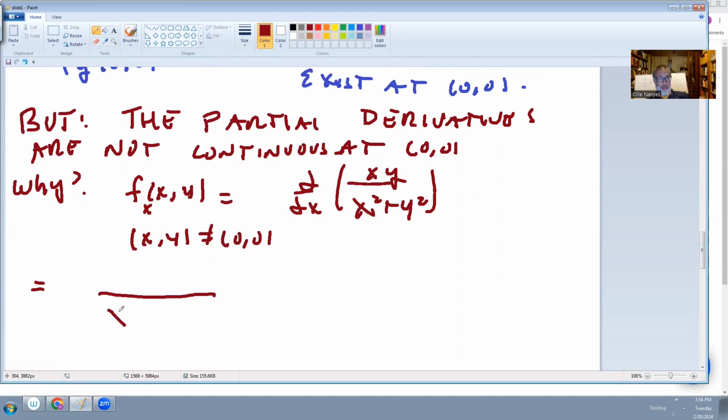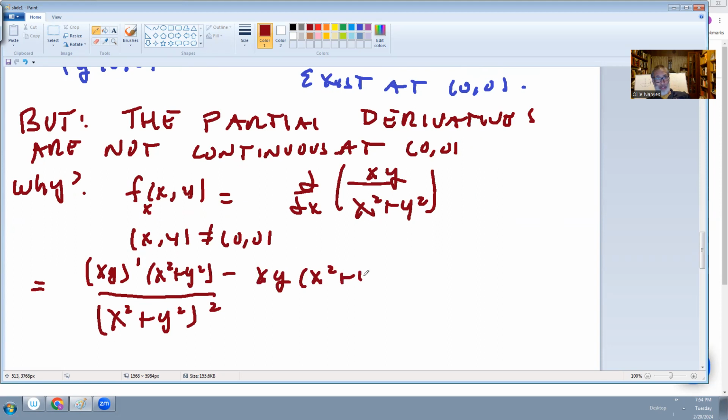So use the quotient rule, which means you square the denominator. Then you take the derivative of the top, so the derivative of xy, and prime means take the partial derivative, times this, minus xy times this derivative with respect to x. And that's what you get.